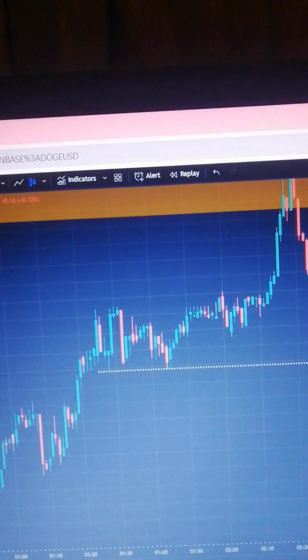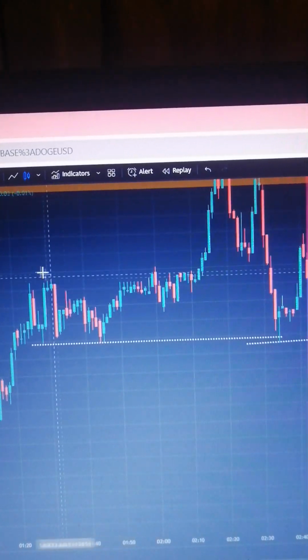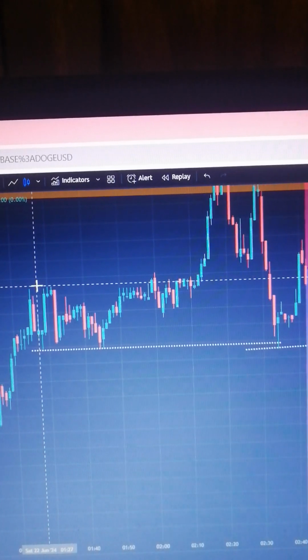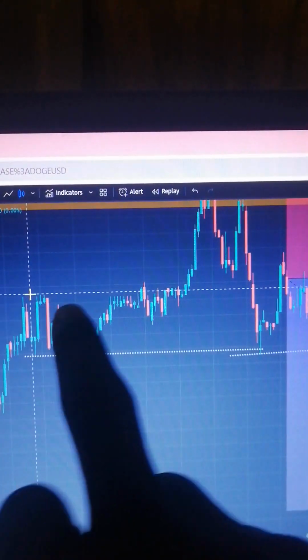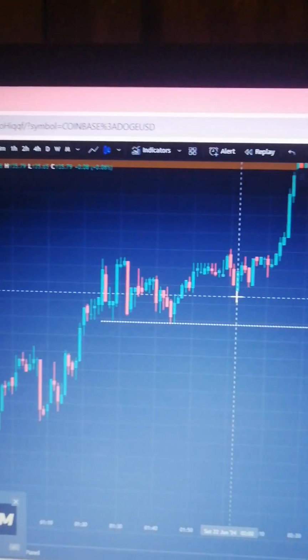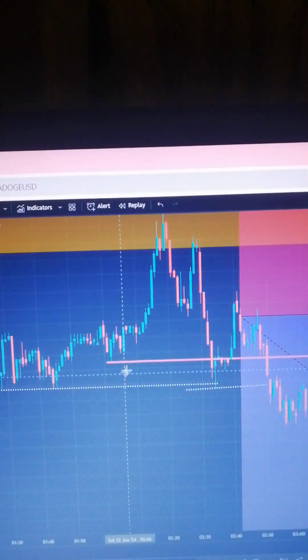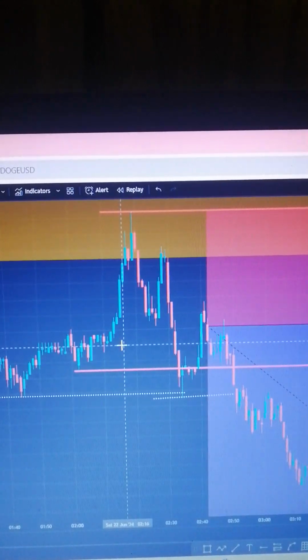As you can see, higher high, higher low, higher high, higher low. Price going up, and then anyway from here, this one was broken by this move. So this one, higher high, higher low. And whenever the market breaks that red line there, that's a change of character.